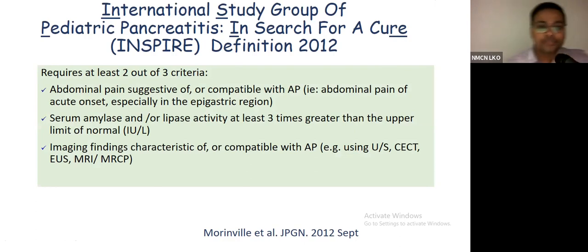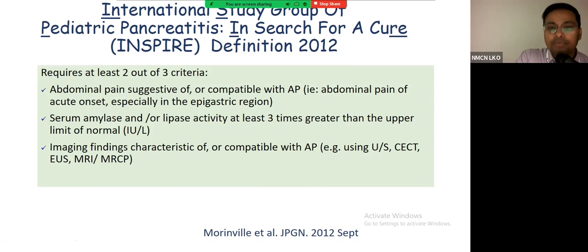Now, this is the diagnostic criteria, the definition of pediatric acute pancreatitis, given by the International Study Group of Pediatric Pancreatitis: In Search for a Cure, that is the INSPIRE criteria 2012. It requires at least 2 out of the 3 criteria to be fulfilled. They are abdominal pain compatible with or suggestive of acute pancreatitis, like acute onset epigastric pain radiating to the back with relief on bending forward.